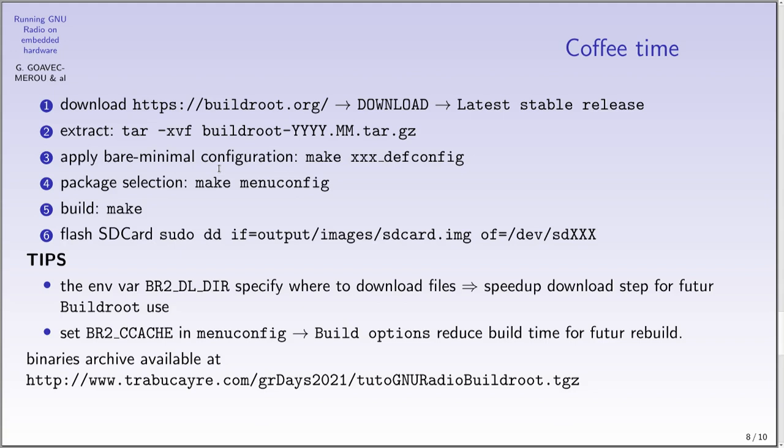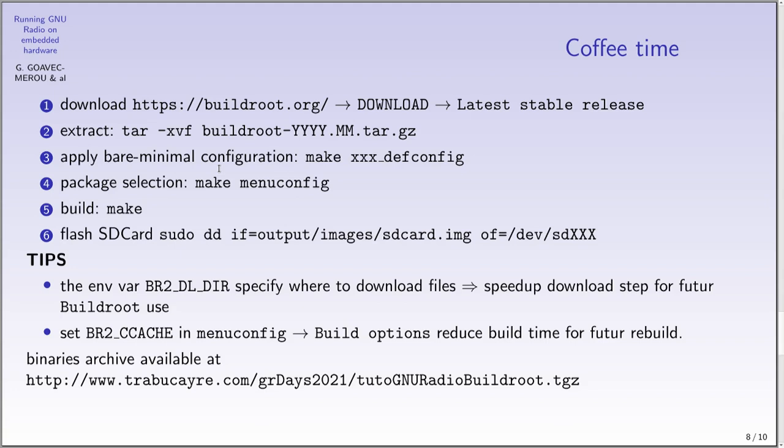So it's some common usage. You need to download this, extract using tar, apply a Buildroot minimal configuration by using defconfig or your custom configuration, and select packages by using make menuconfig to have access to the configuration panel.